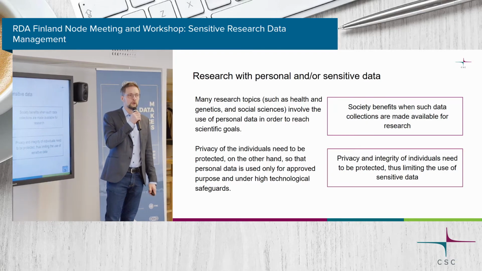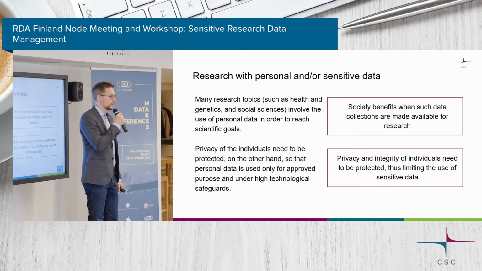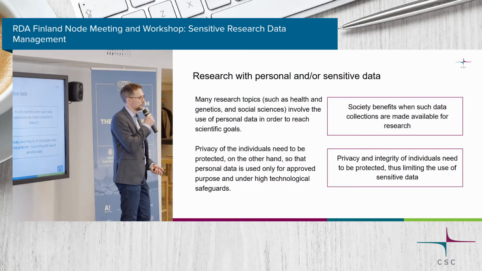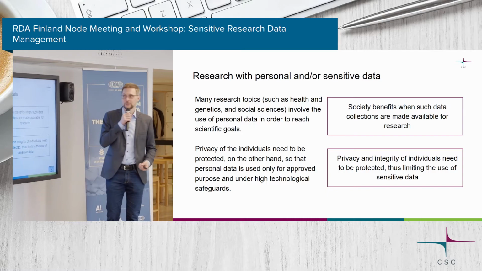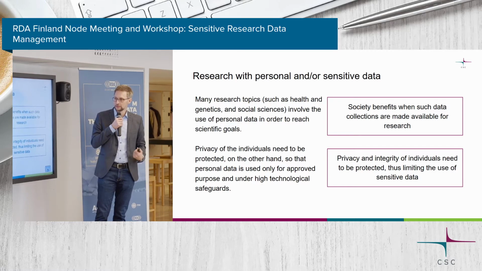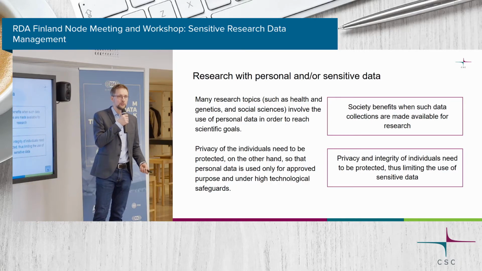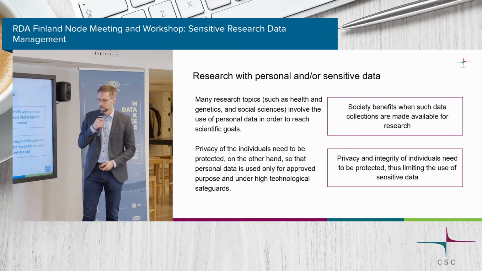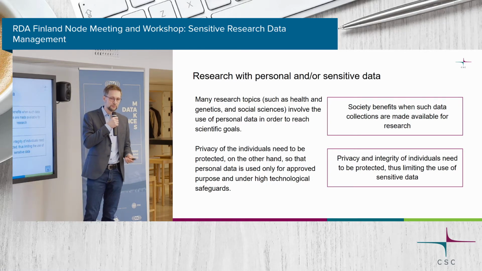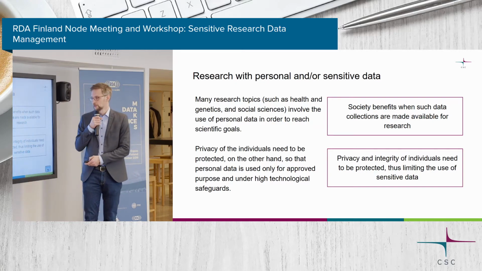So we know that in many fields of research it is needed to use some type of personal data or sensitive data for research, and we can say that this is for the benefit of society. On the other hand, there is the legislation on privacy and data protection, which seems at first to be in a bit of a conflict, or at least puts different demands, since you need to protect the rights of individuals.